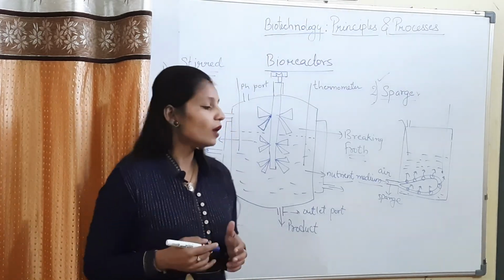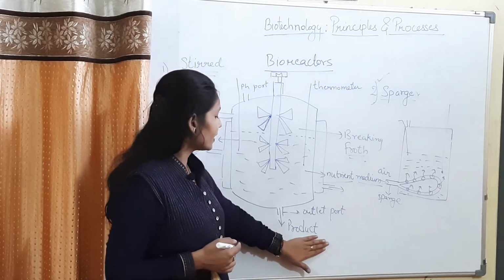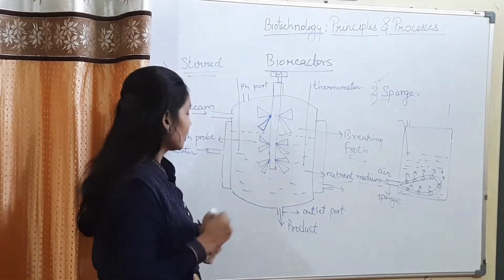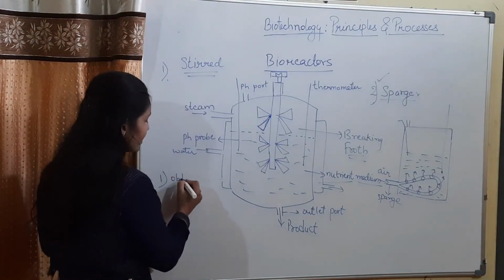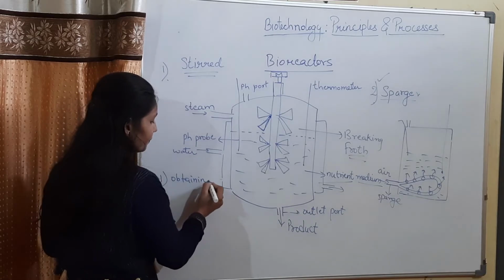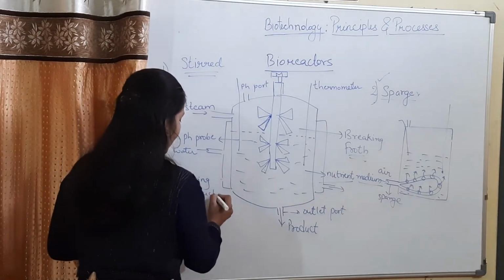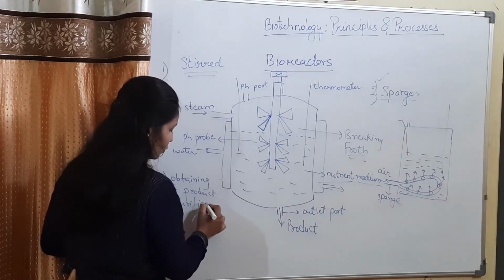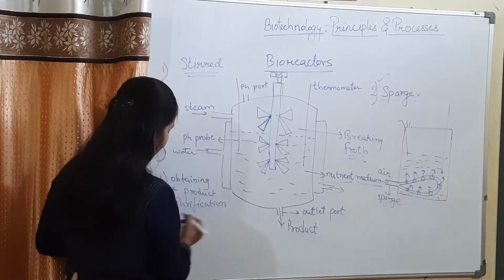So what do we do after we get the product from here? First of all, after getting the product in large quantity, we purify it. So the first step is obtaining the product, and second is purification, or we also call it sterilization.